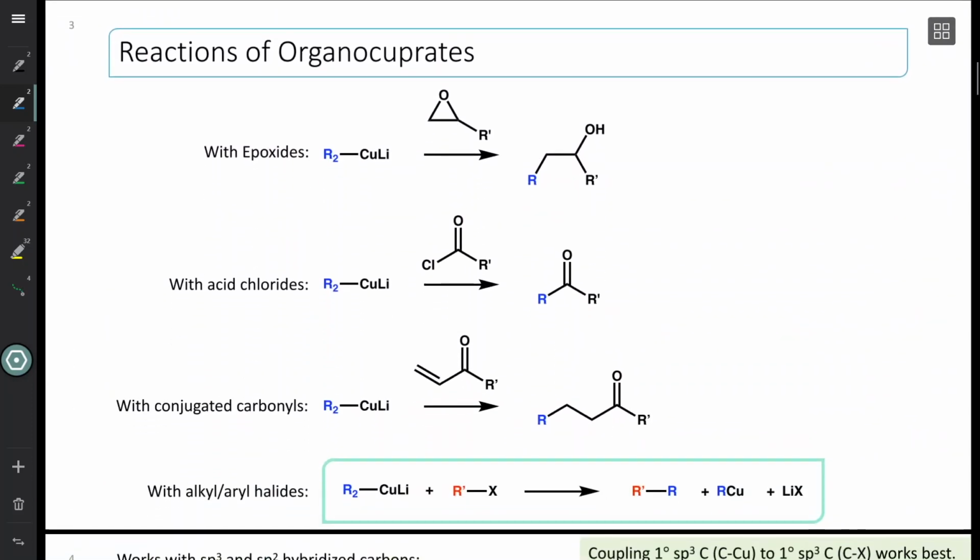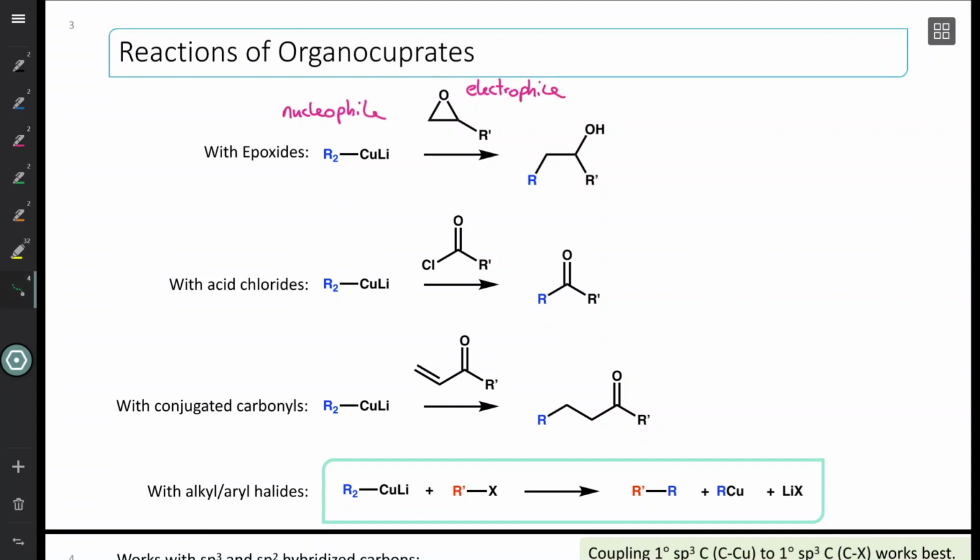Okay, reactions with organocuprates. So we've seen some of these before. The main thing to remember is that your organic cuprate is your nucleophile. And then what's different in all these reactions is just what electrophile you provide.